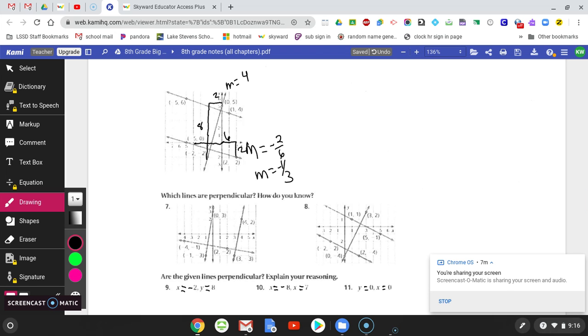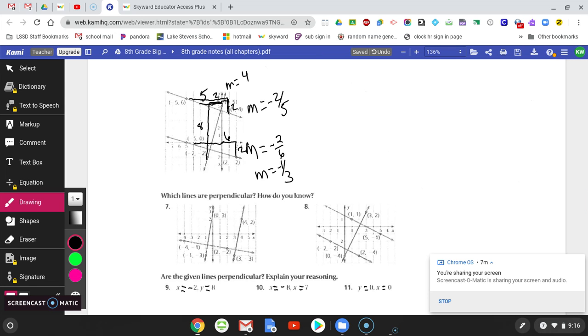And the last one, I'm going up 1, 2, and over 1, 2, 3, 4, 5. So this would be a negative 2 over 5.